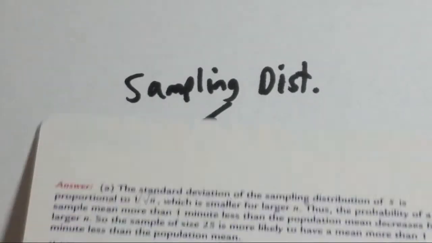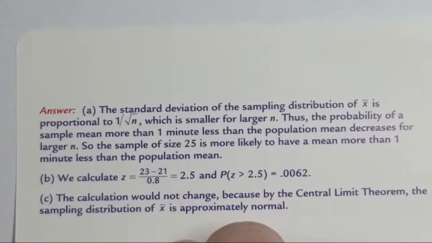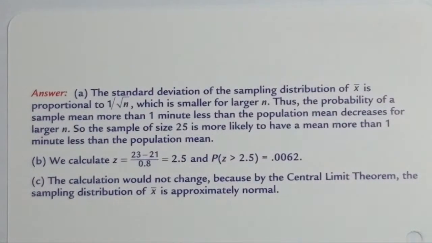And we can see on the back of the card here, the standard deviation of the sampling distribution is proportional to 1 over square root of n, which is smaller for larger n. Thus, the probability of a sample mean more than 1 minute less than the population mean decreases for larger n. So if the sample size is 25, it is more likely to have a mean more than 1 minute less.